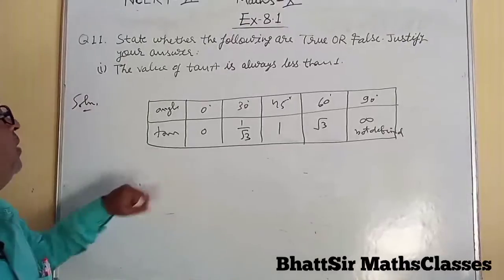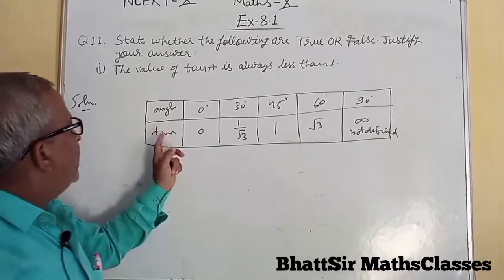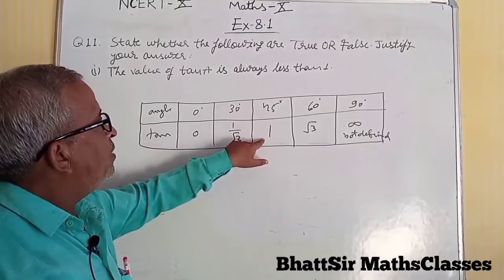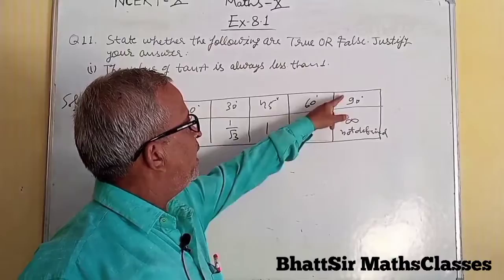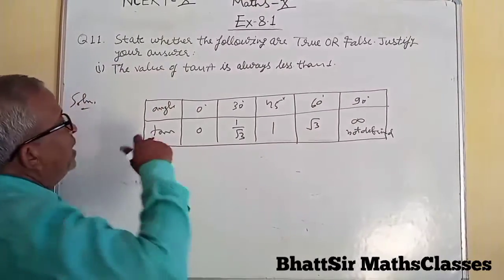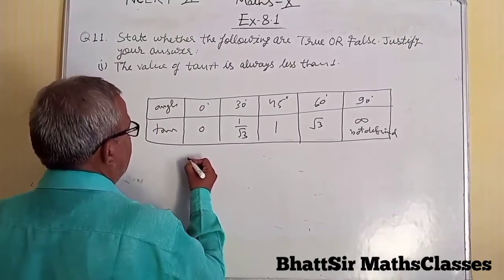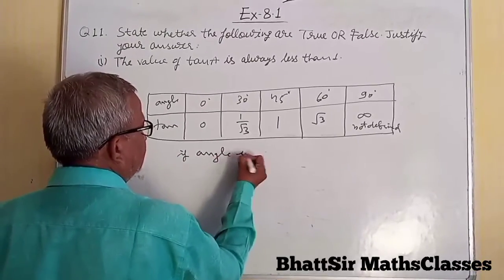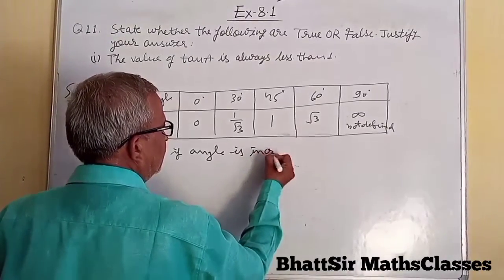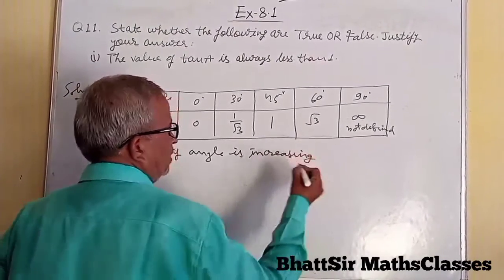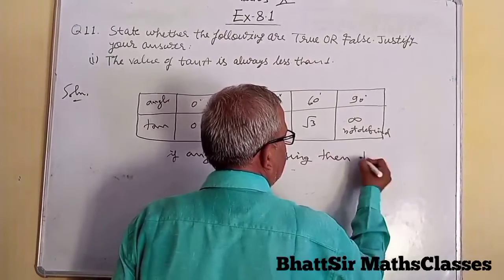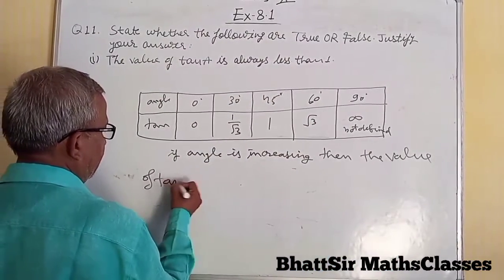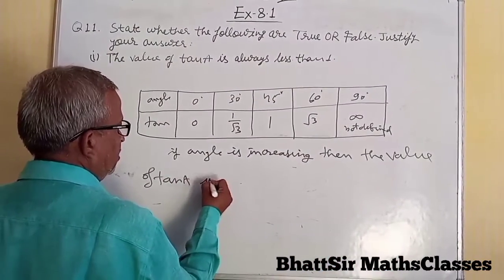From the above table, we can consider tan 0 is 0, tan 30 is 1 upon under root 3, tan 45 is 1, tan 60 is under root 3, tan 90 is not defined. It means if angle is increasing, then the value of tan A is also increasing.